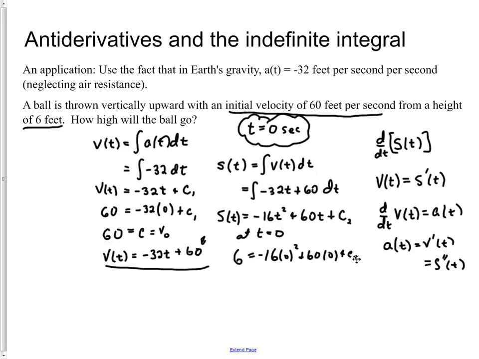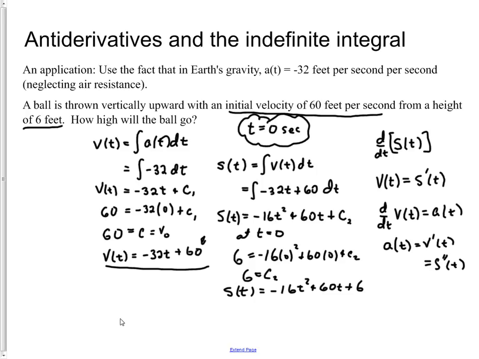And so our constant of integration right here is 6 feet. That's our initial position. And so we have a position function that tells us s of t is going to equal negative 16t squared plus 60 times t plus 6.